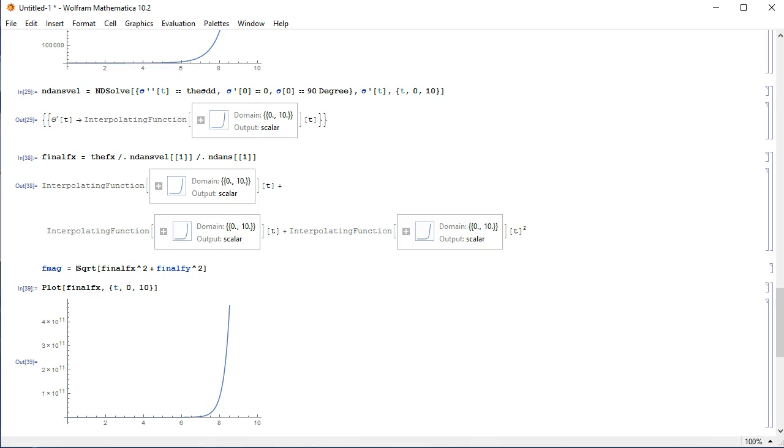You could plot that if you wanted to, and now you're looking for the maximum force. Once you have a plot, you can determine the magnitude by just reading off of the plot.